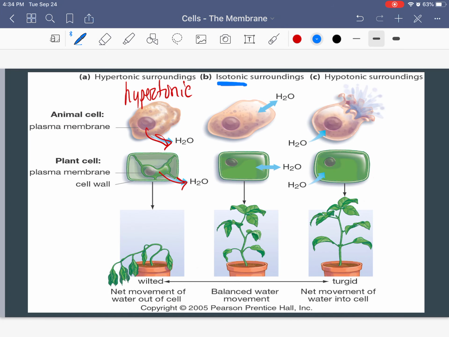Next, we have isotonic. In an isotonic situation, the concentration of water outside of the cell is the same as the concentration of water inside the cell. All right? So water is going to continue to move both inside and outside of the cell, but it's going to move at the same pace.